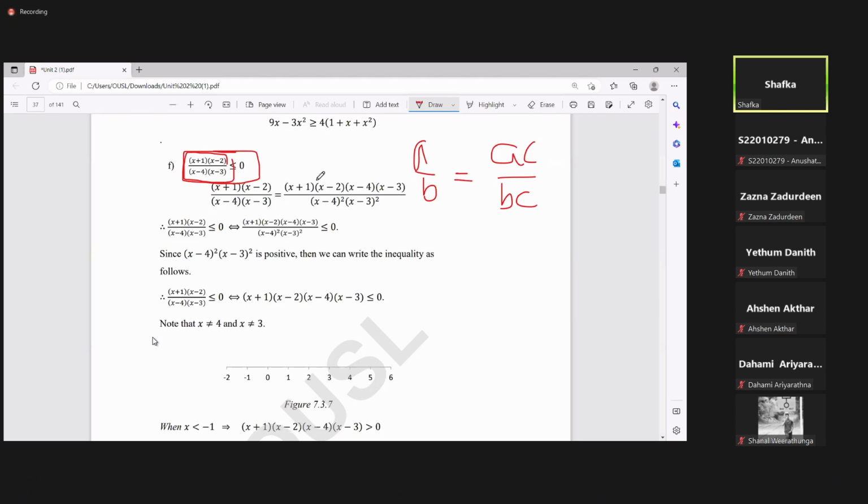Now, when you have the equivalent fraction, you have x plus 1 times x minus 2 times x minus 4 times x minus 3 divided by (x minus 4) whole square times (x minus 3) whole square. These two are equal. So we have the same inequality sign over there. Now, what can you say about this? If we rewrite in this format, what can you say about this?